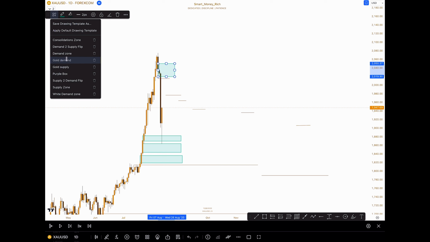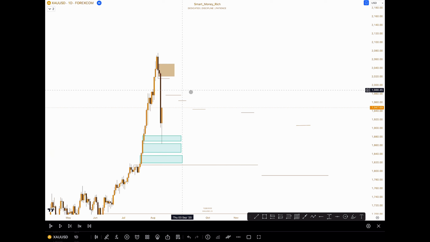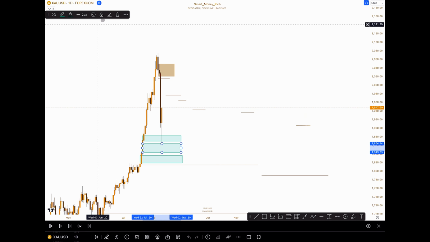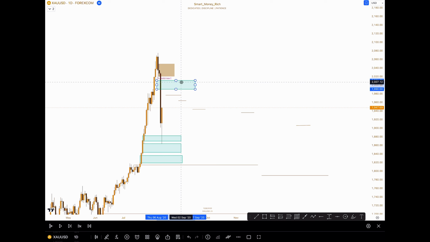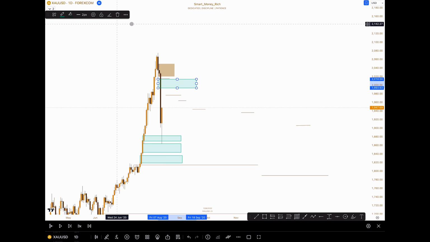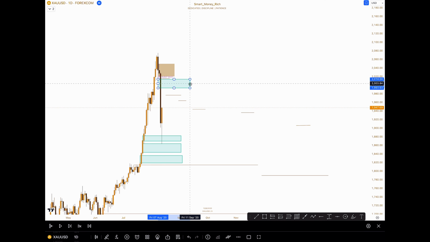That can be a nice entry point for me, because now there is an open imbalance right below here. So let's take it all the way up. You see, let's play price. There's an imbalance there, right? So let's play price. We play price now.